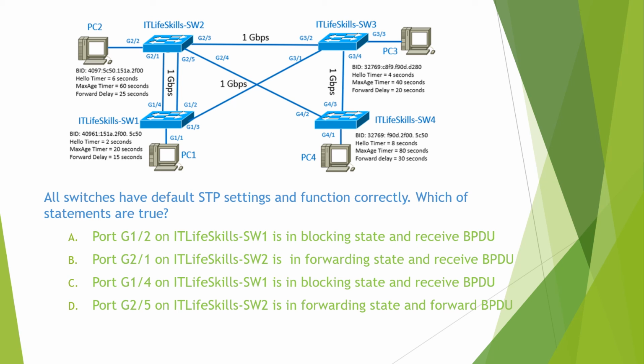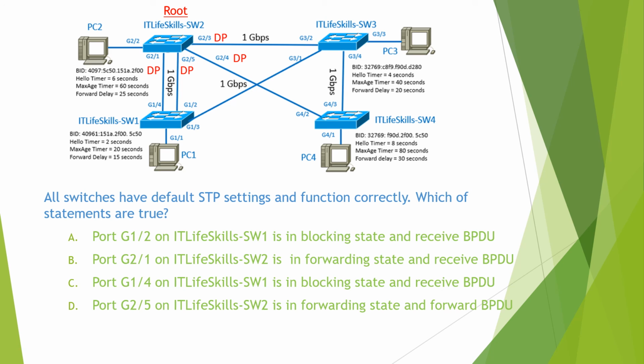In this network, IT Live Skill Switch 2 is the root switch because it has the lowest bridge priority. Therefore, all of its ports will become designated ports. Port Gs21 has a lower bridge ID than port Gs25 because 1 is less than 5.